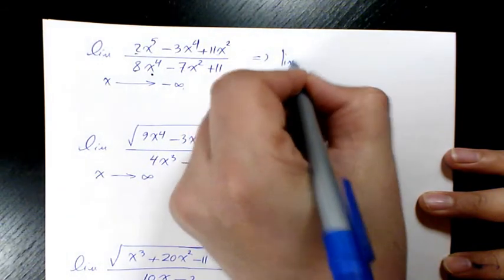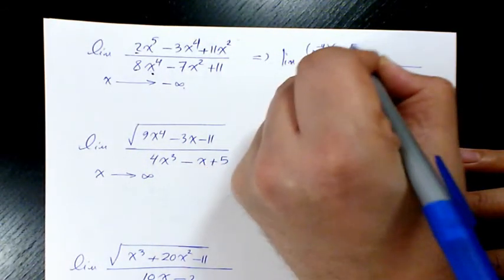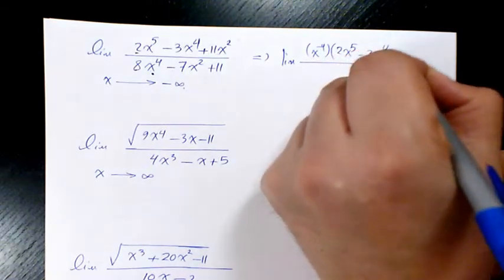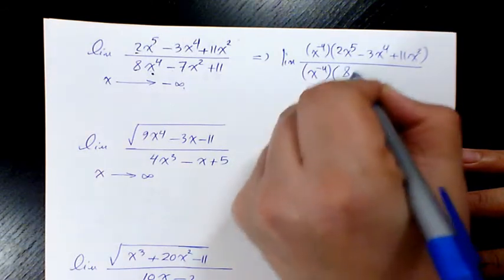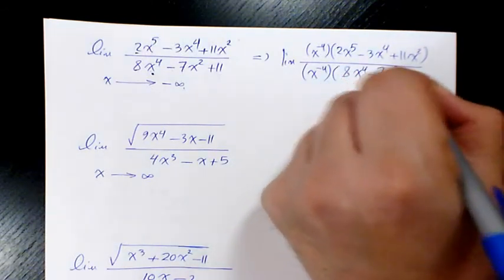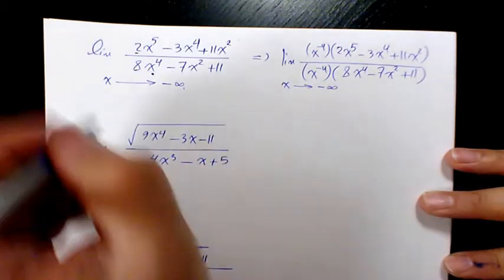So that's going to be the limit of x to the power of negative 4 times (2x^5 - 3x^4 + 11x^2) over x to the power of negative 4 times (8x^4 - 7x^2 + 11), and x is approaching infinity.